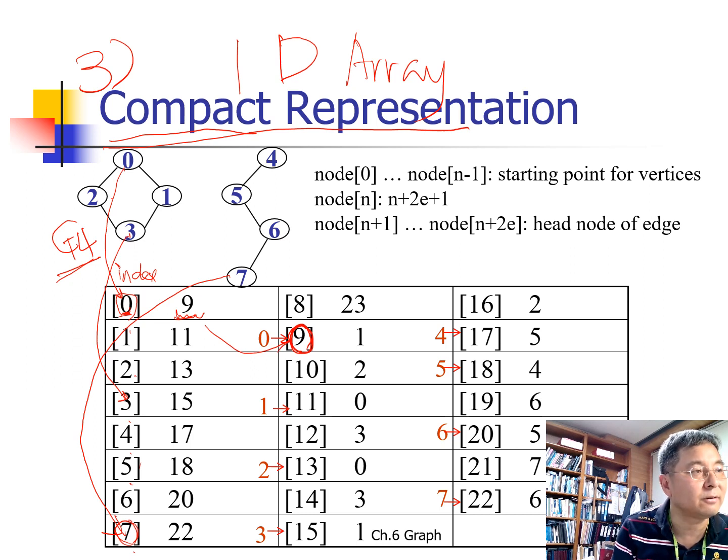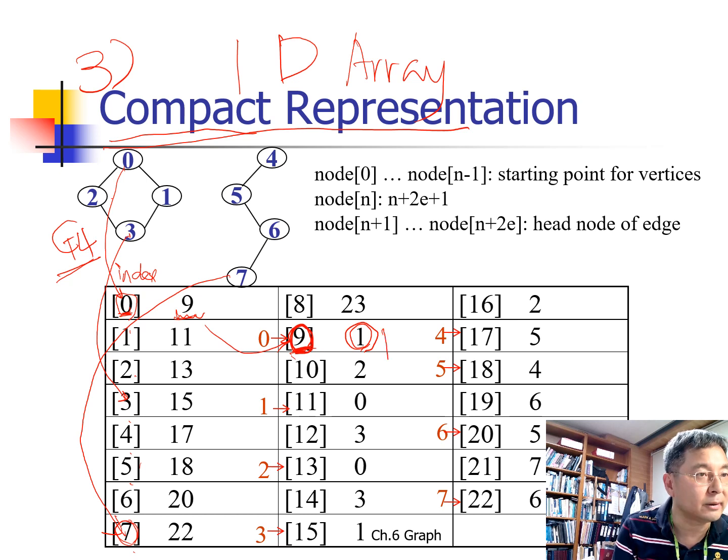For vertex 0, we can see the adjacent vertex at index 9. And 1 means that this one is the adjacent vertex of vertex 0.